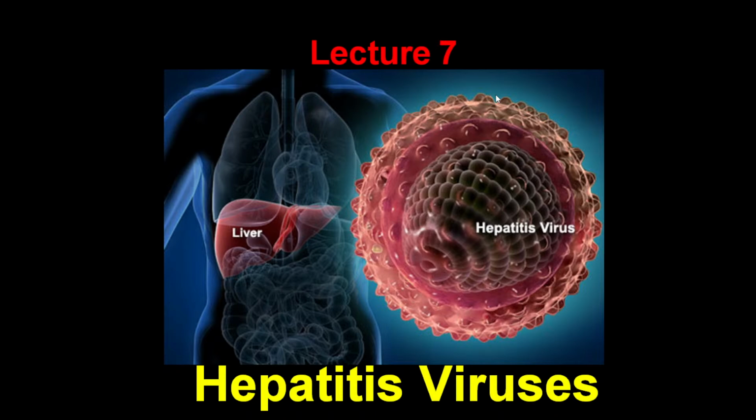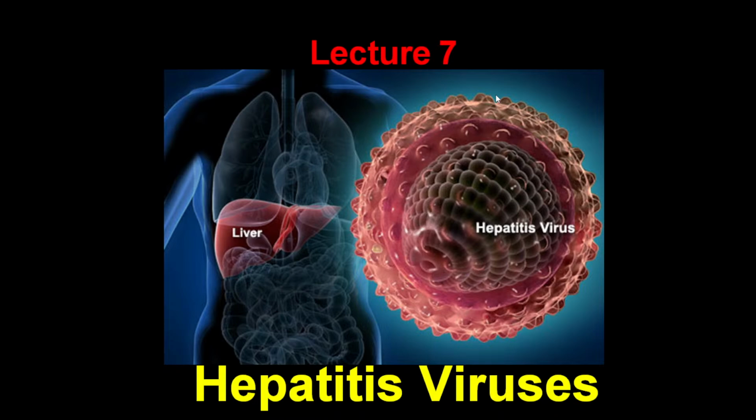Why do we divide those hepatitis viruses into two large groups? According to their ecological features or way of transmission. Hepatitis A and E are called fecal-oral hepatitis viruses. To cause infection, they need to be ingested, so they cause infection through the GIT.